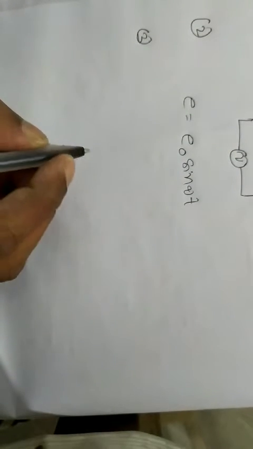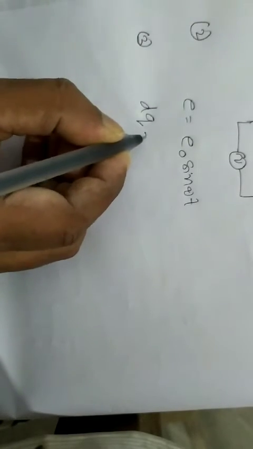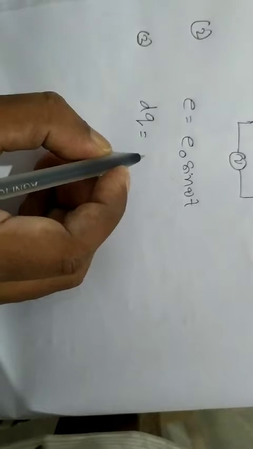So let us understand that if there is a small charge dq, then there will be a small change in potential difference.